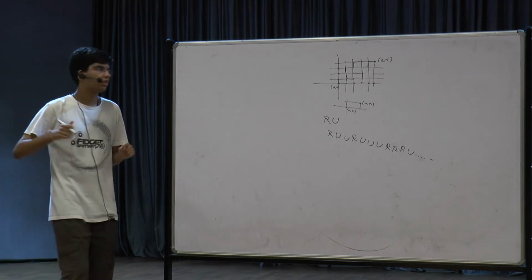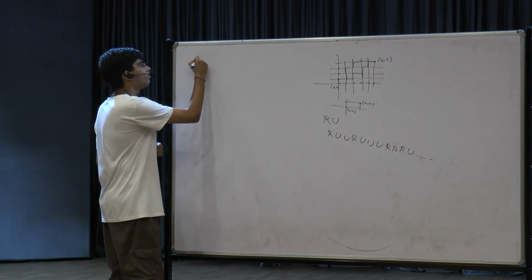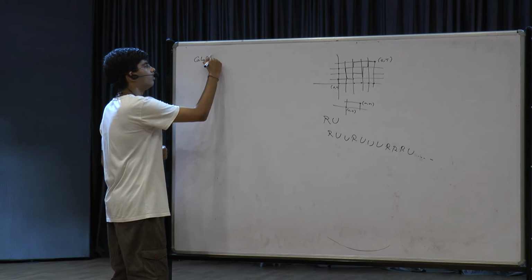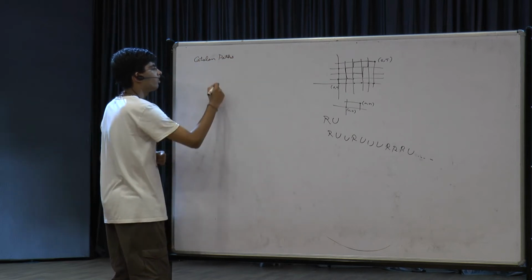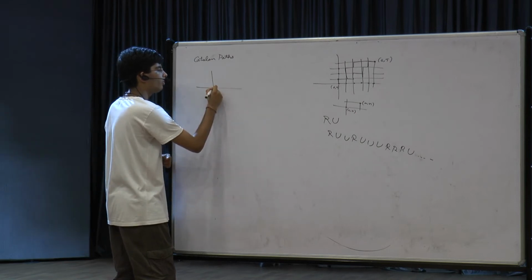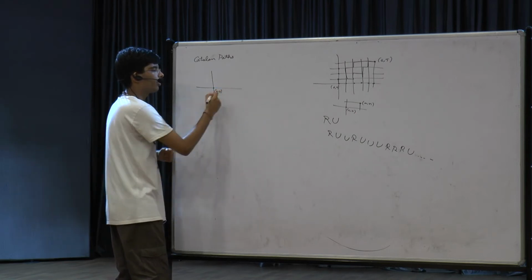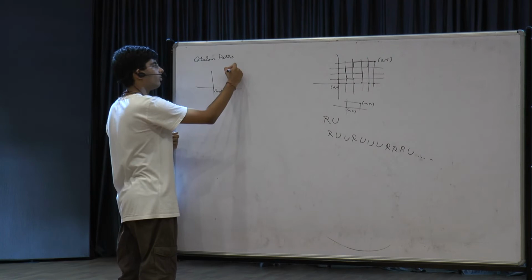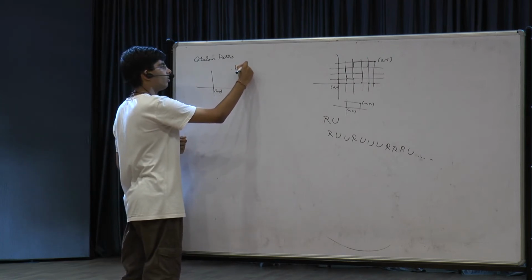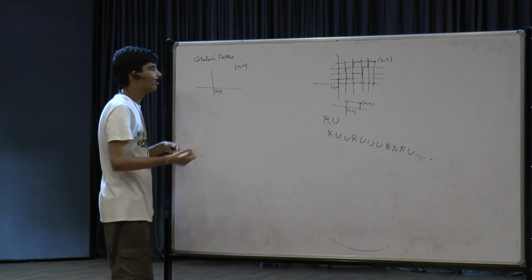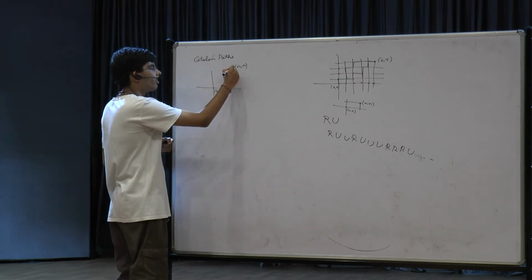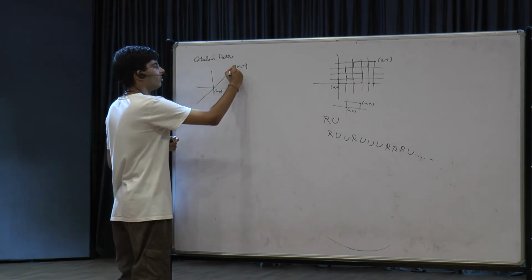Now we look at the general Catalan paths problem. Suppose you have the same problem of going from 0, 0 to n, n. In fact, this looks easier now because m and n are equal. But the condition is that, look at this line.